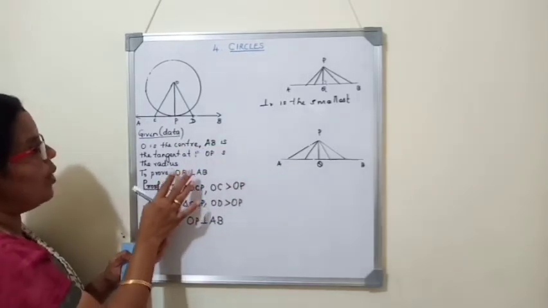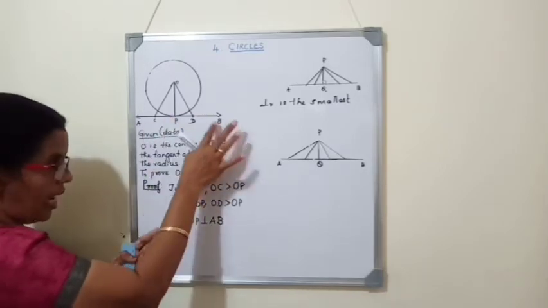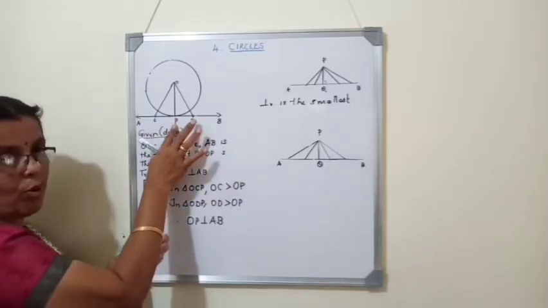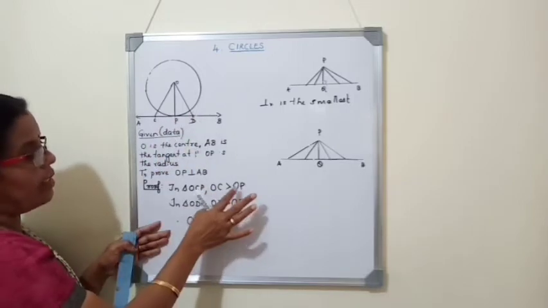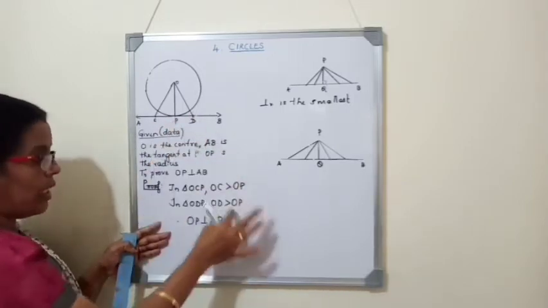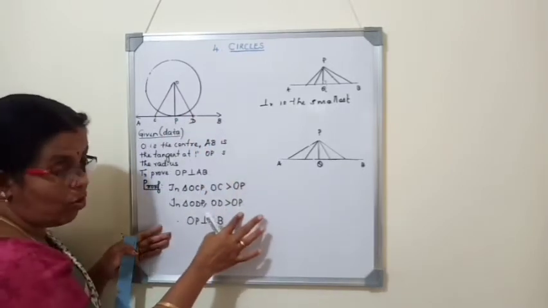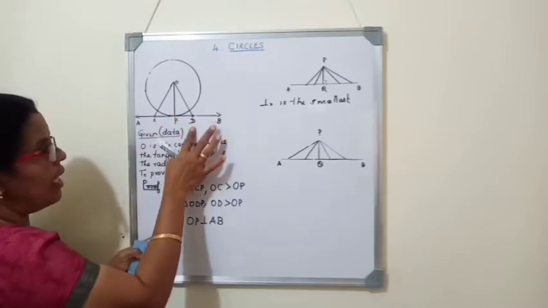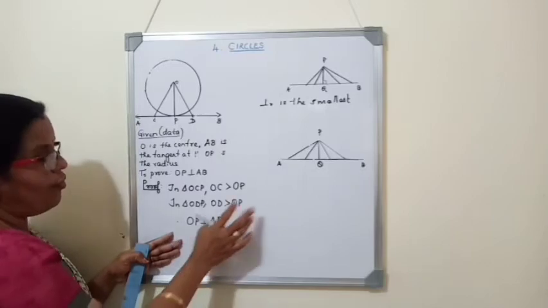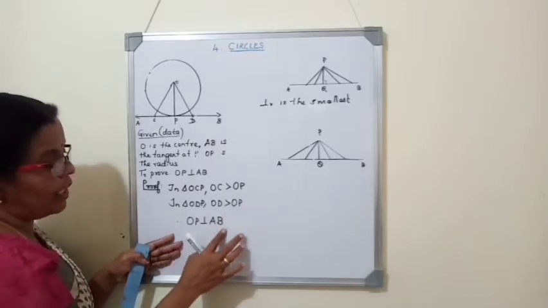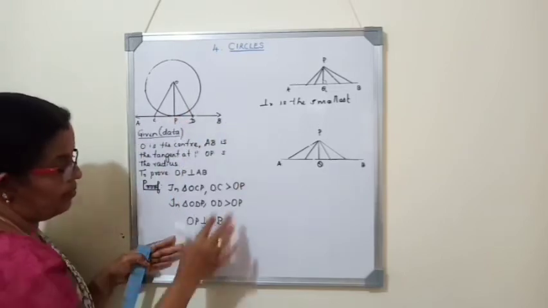We start by marking 2 points C and D on the line AB, the tangent, very close to the point P. First we write in triangle OCP, OC is greater than OP. Second, in triangle ODP, OD is greater than OP. The reason is the points C and D are not on the circumference, they are on the straight line AB. Therefore, by the converse, OP is perpendicular to AB. The shortest distance will be perpendicular to AB.